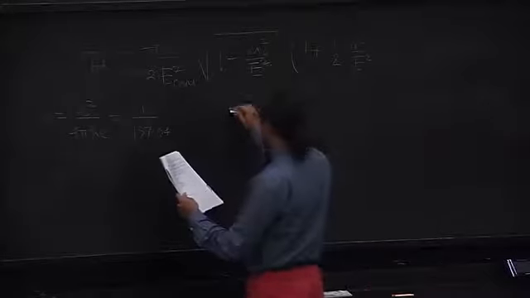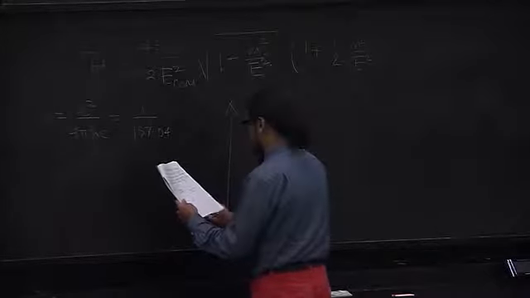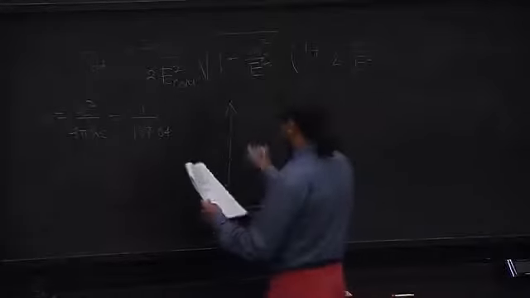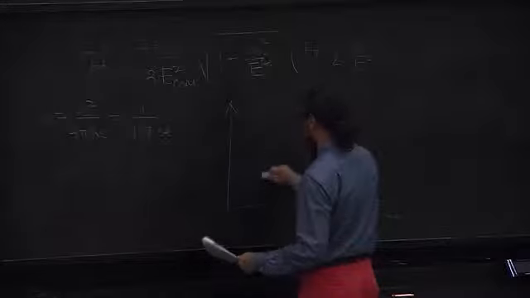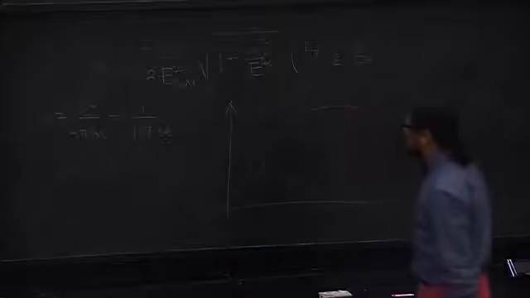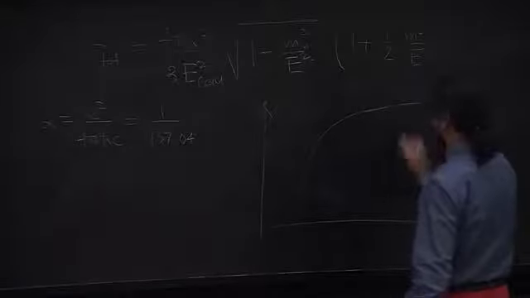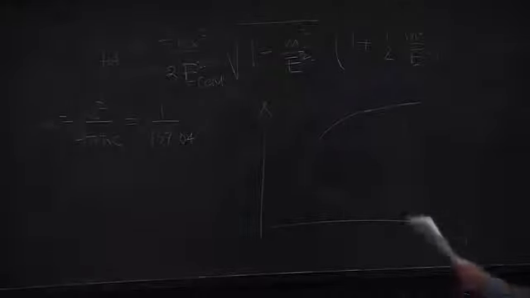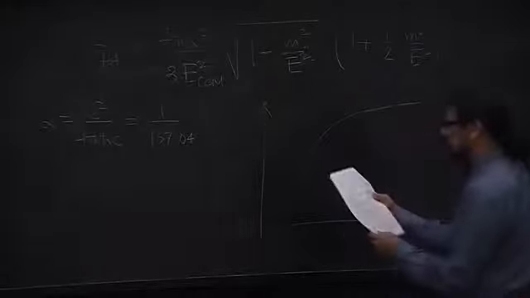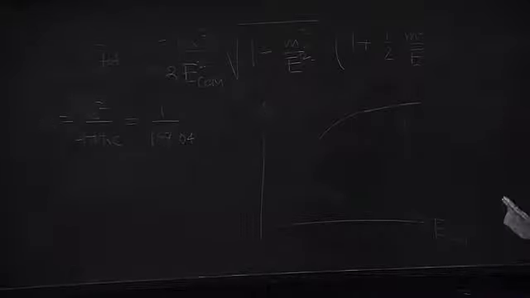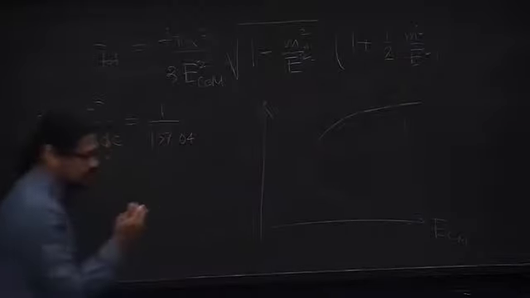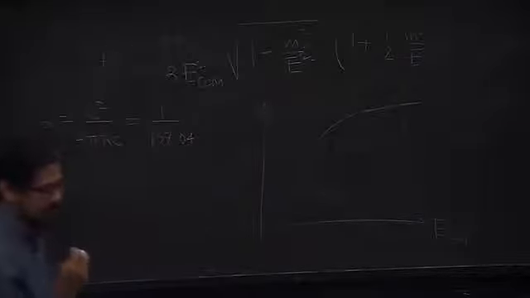If you plot this against the center of mass energy, you get some curve like this. Sorry, it doesn't dip down, it just asymptotes. This E is not the CM energy. This E is the energy of the individual particle in the center of mass frame, so it's half of the CM energy.